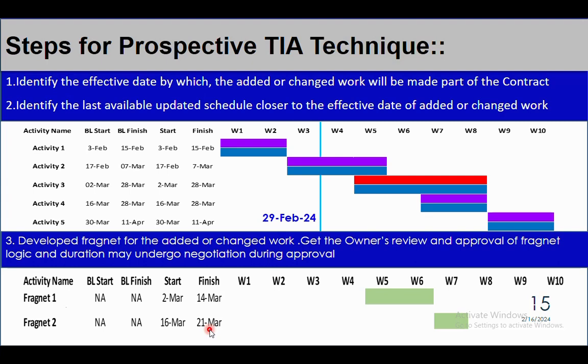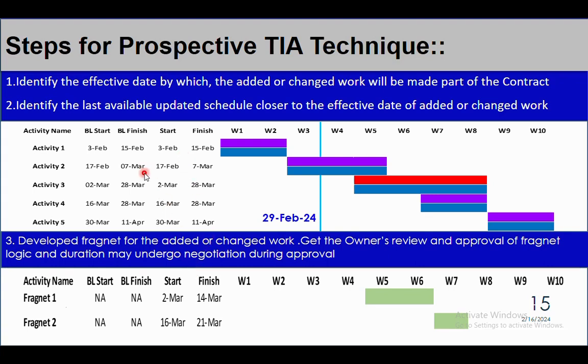So the last updated schedule prior to these two delay events is February. You can take the latest updated schedule of 29th February. We consider this just prior to the start of the effective date of the additional scope of work.